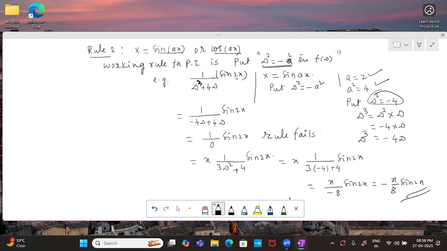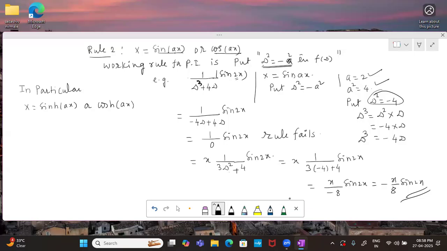In particular, when capital X is hyperbolic sine ax or hyperbolic cos ax. These are the hyperbolic functions which are identical in all respects with the trigonometric functions.